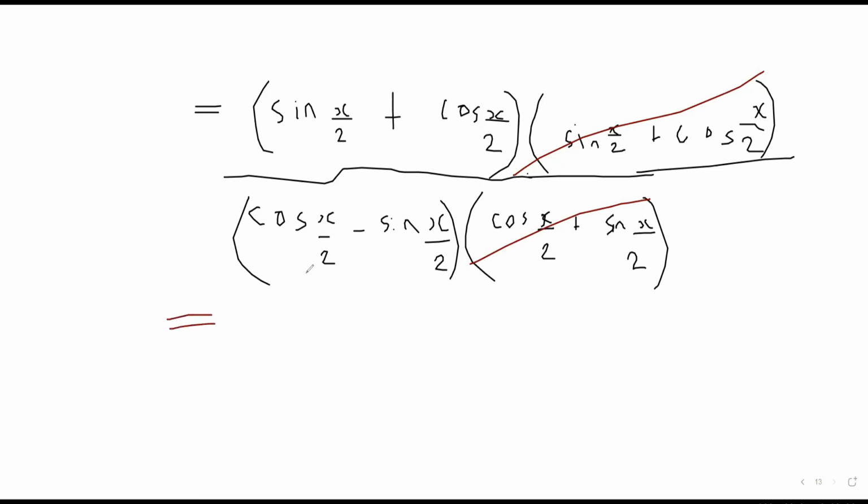All right, cool, nice. Now guys, this is how we're going to generate tan. We're almost there. So now we have sine x over 2 plus cos x over 2, and this is being divided by cos x over 2 minus sine x over 2.